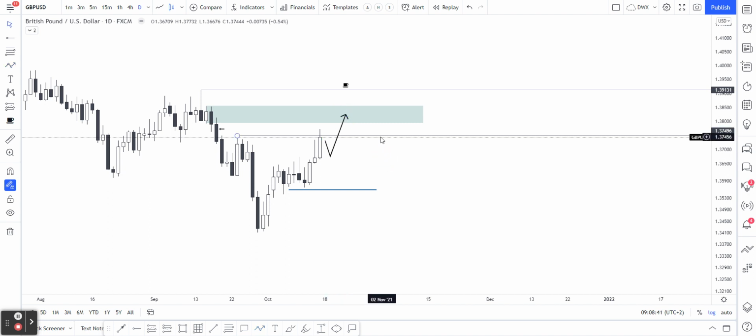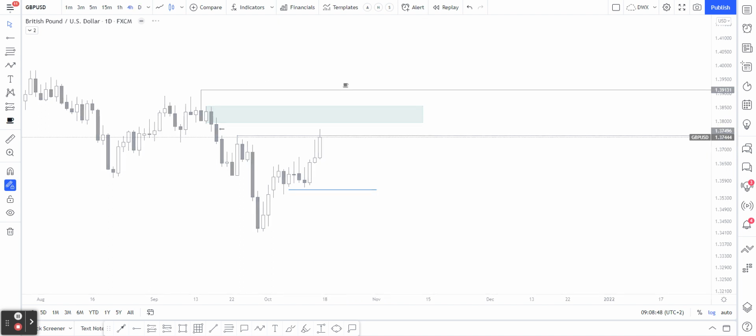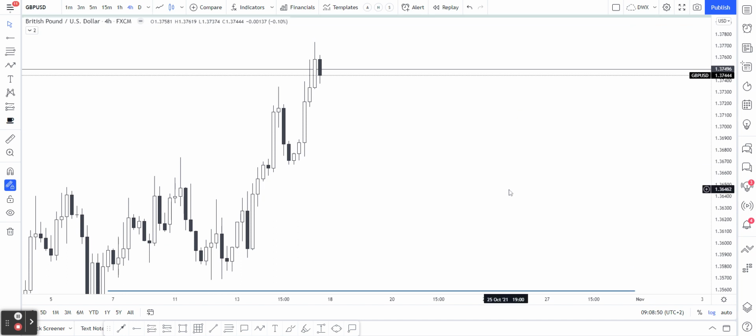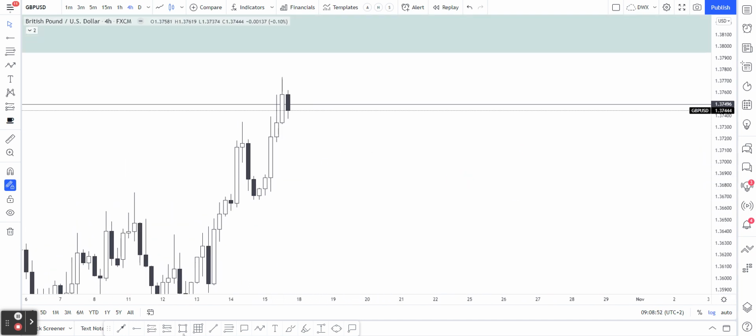So there are different things that can happen on the daily, but on the lower time frames the situation might look a bit different. On the 4 hour, if we're expecting a pullback, this area down here, potentially this candle could be nice.